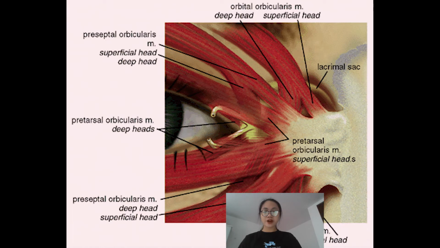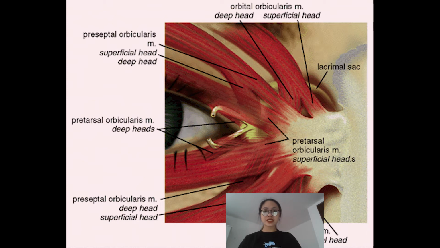The function of the orbicularis oculi muscle is to close the eyelids. In contrast, the muscle that opens the eyelids is the levator palpebrae superioris muscle. The levator palpebrae superioris muscle is not on the face, but rather is in the orbital socket.